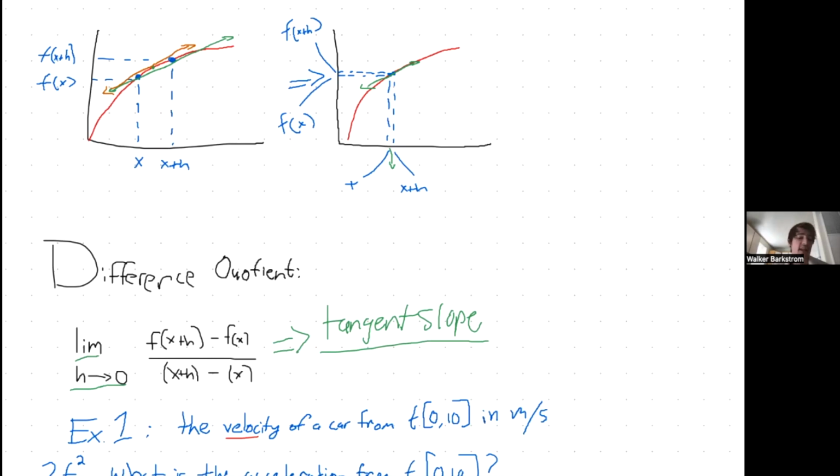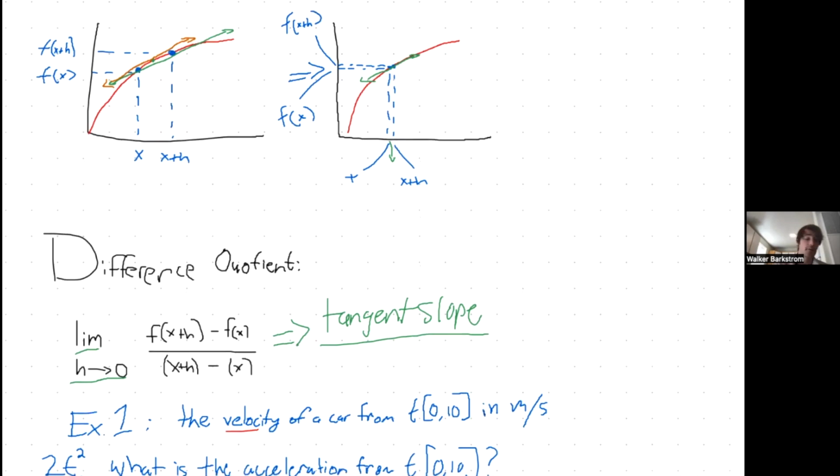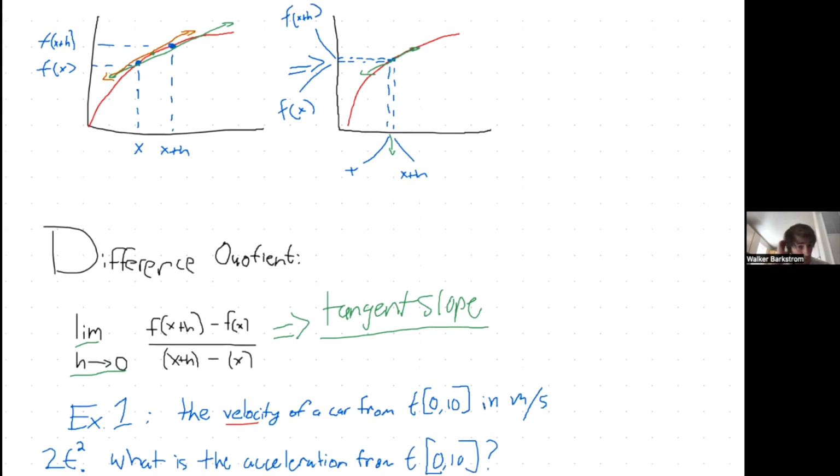If it was just 2t, then acceleration would just be the slope of 2t, which is just 2. But because it's 2t squared, it's a non-linear function. It's something with a curve. We actually have to use the derivative to solve it, and so we're going to use the difference quotient.